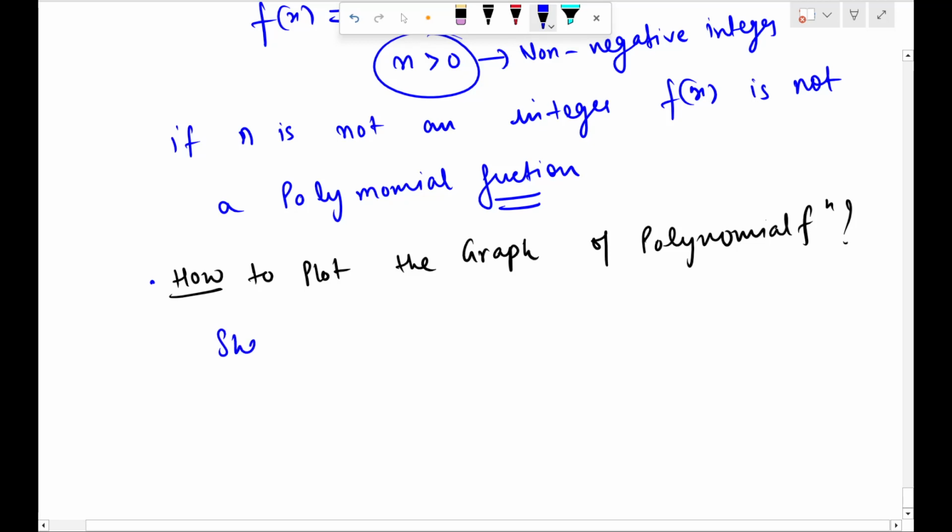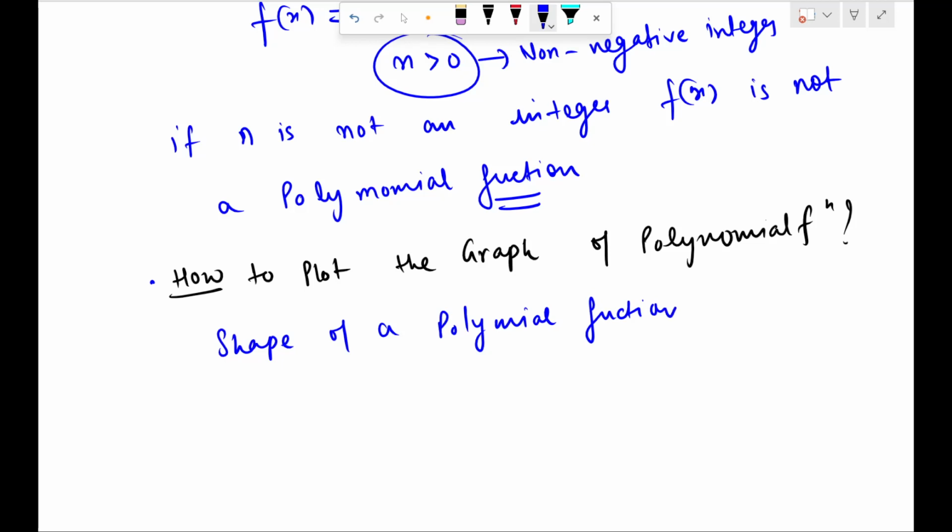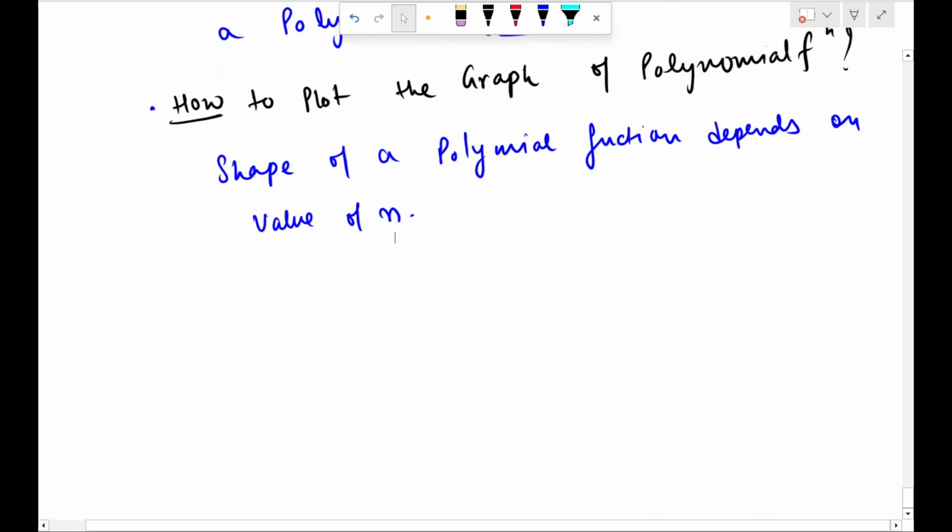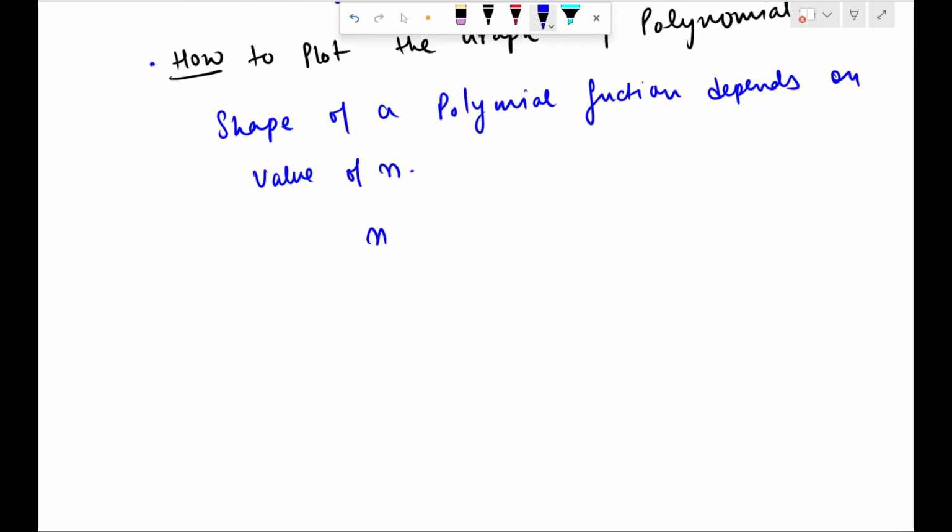The shape of a polynomial function depends on the value of n, where n is a non-negative integer.